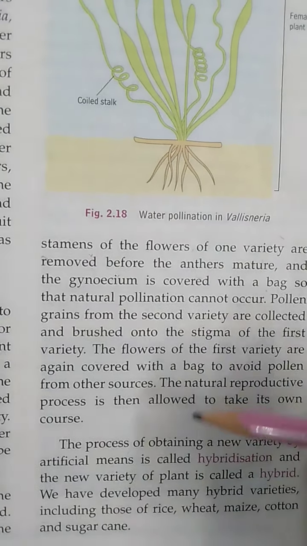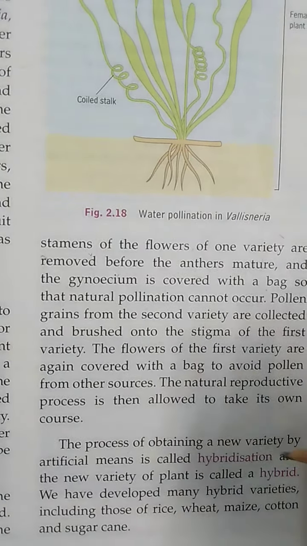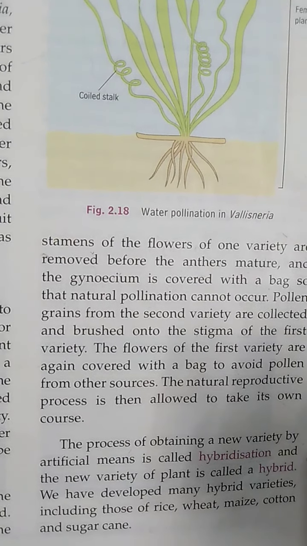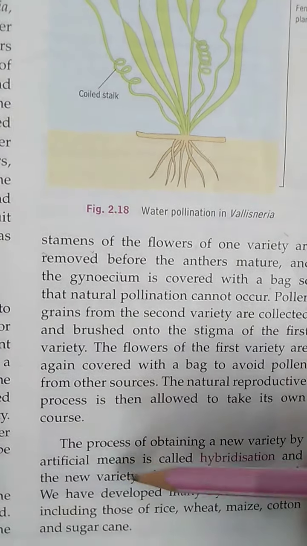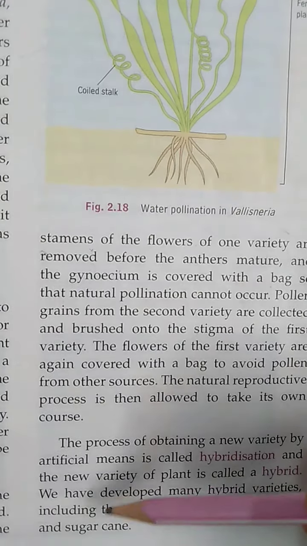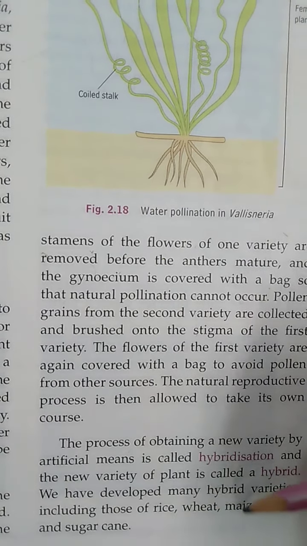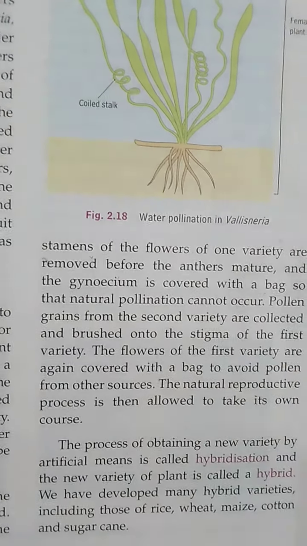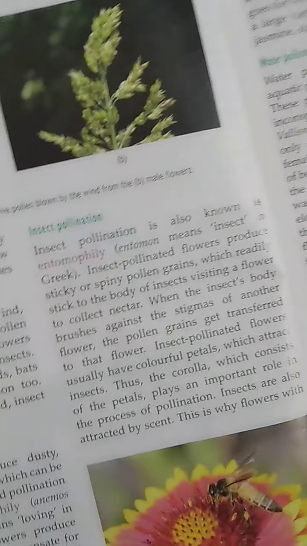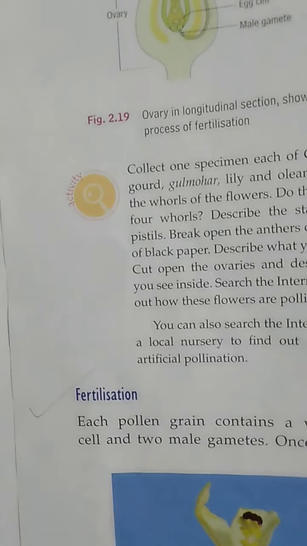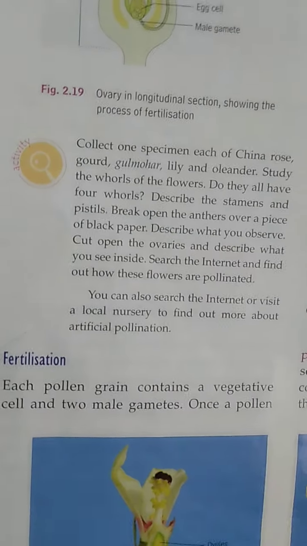The new variety produced here is known as the hybrid. Nowadays we have developed many hybrid varieties, including those of rice, wheat, maize, cotton and sugarcane, in order to make these varieties resistant to diseases. So it is all about artificial pollination.